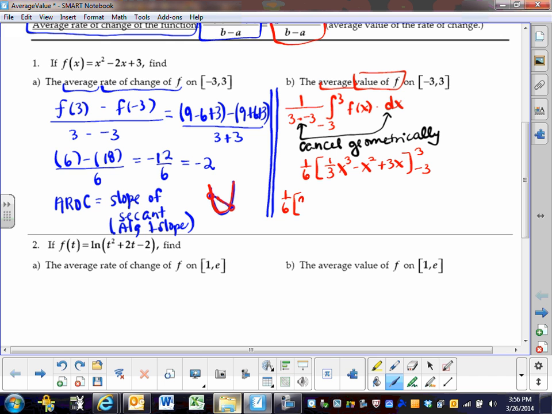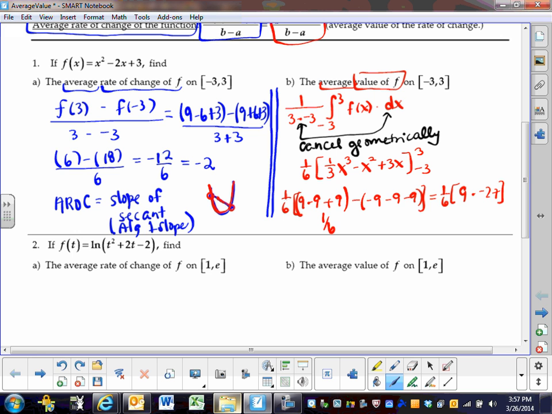27 over 3 would be 9 minus 9 plus 9 minus negative 9 minus 9 minus 9. So we get 1/6 of 9 minus negative 27.